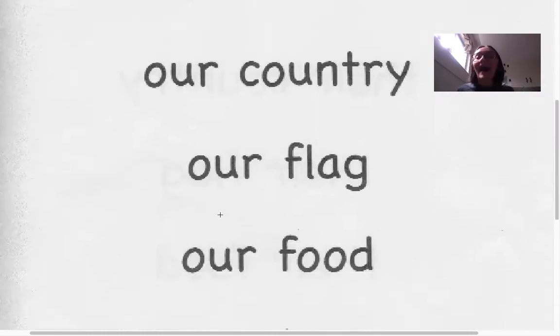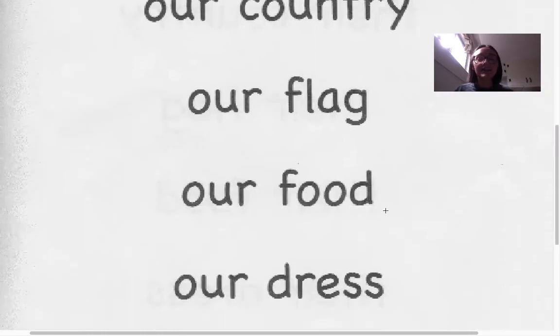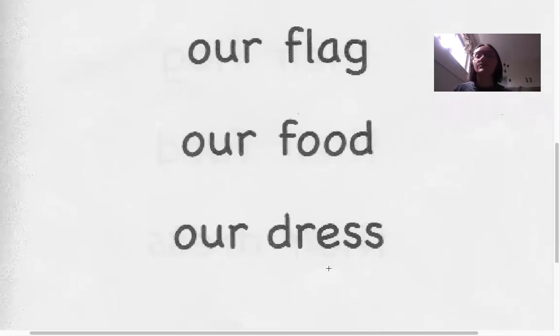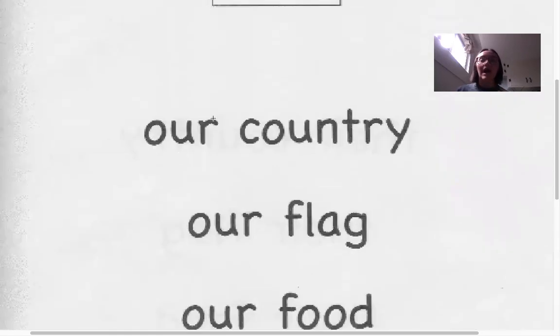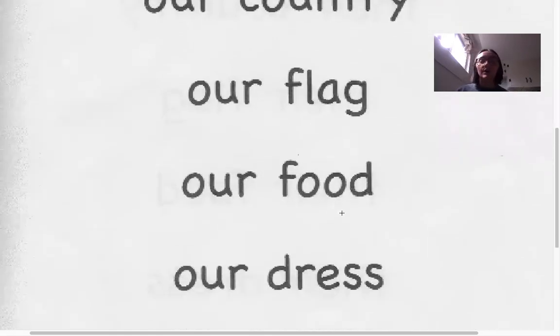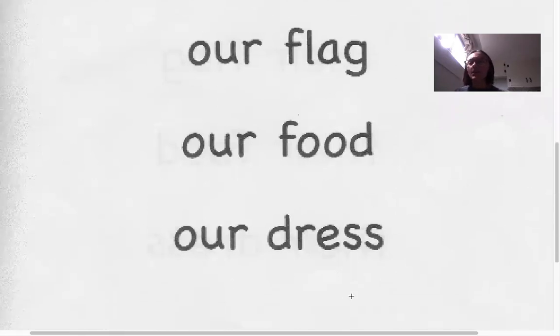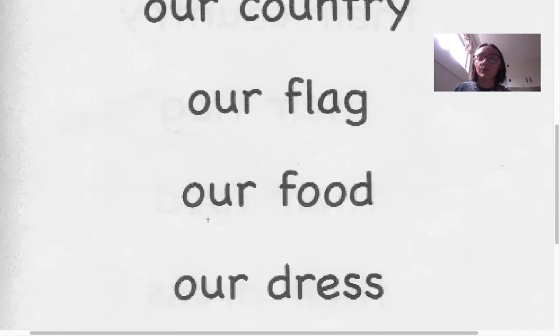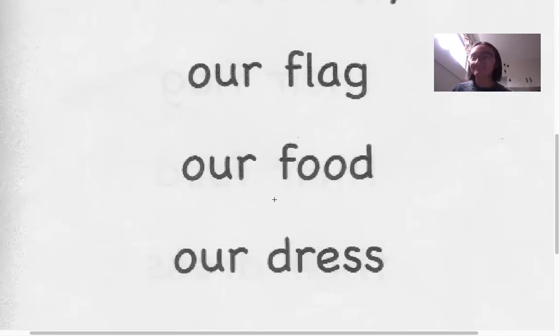So you can say things like our country, our flag, our food, our dress. You could also say things like my country, my flag, my food, my dress, things like that.